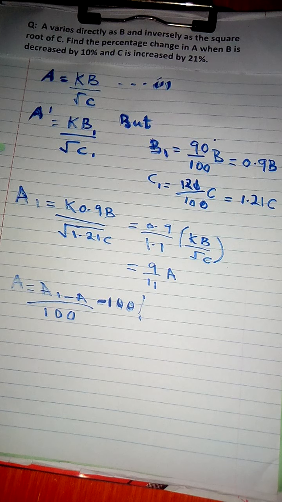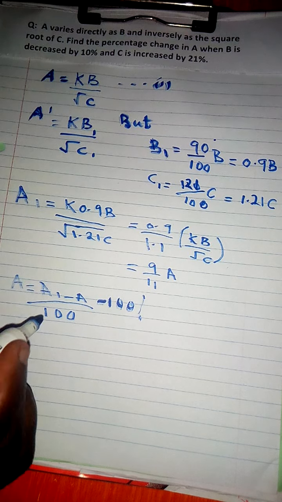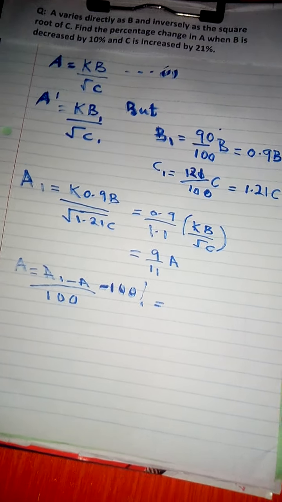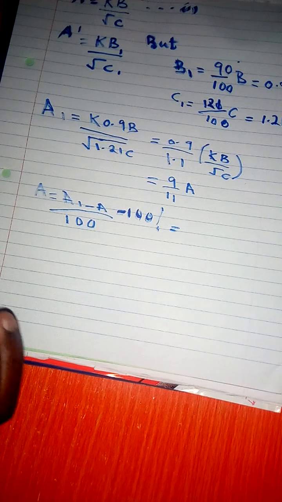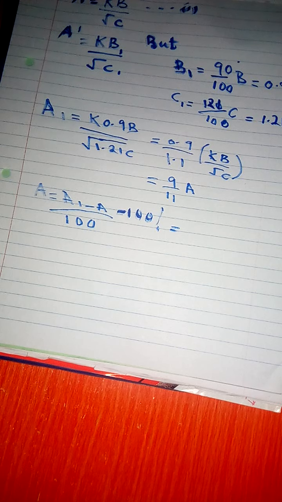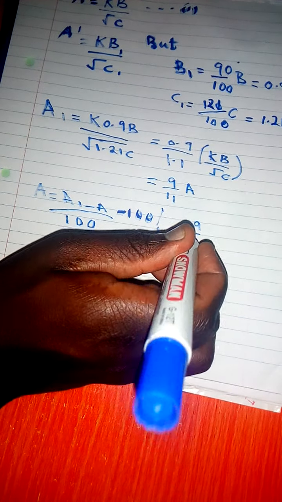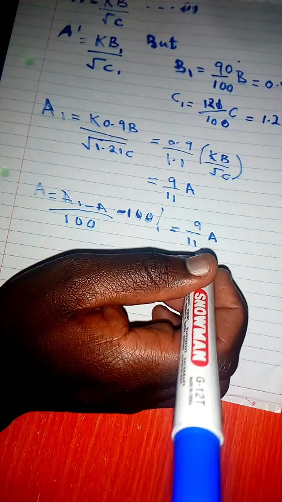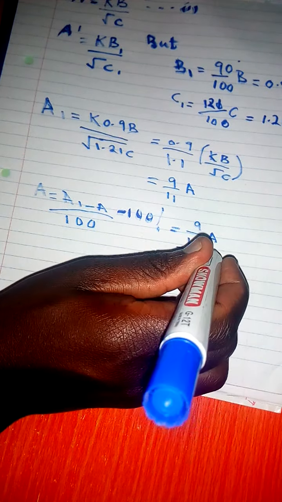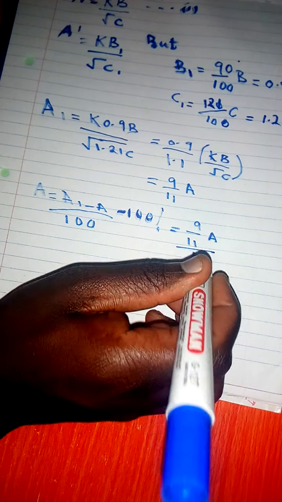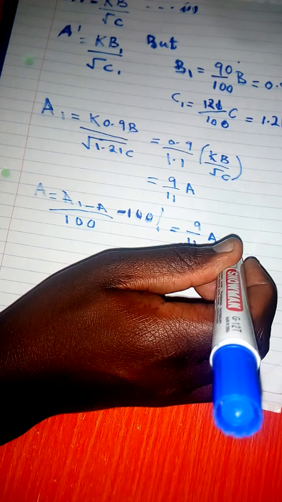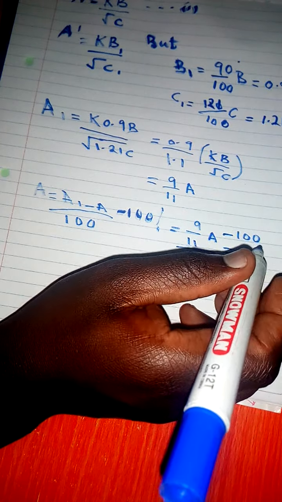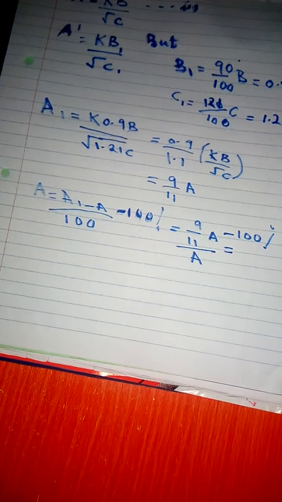So this means that we have 9 over 11 A minus A, over A, times 100%.